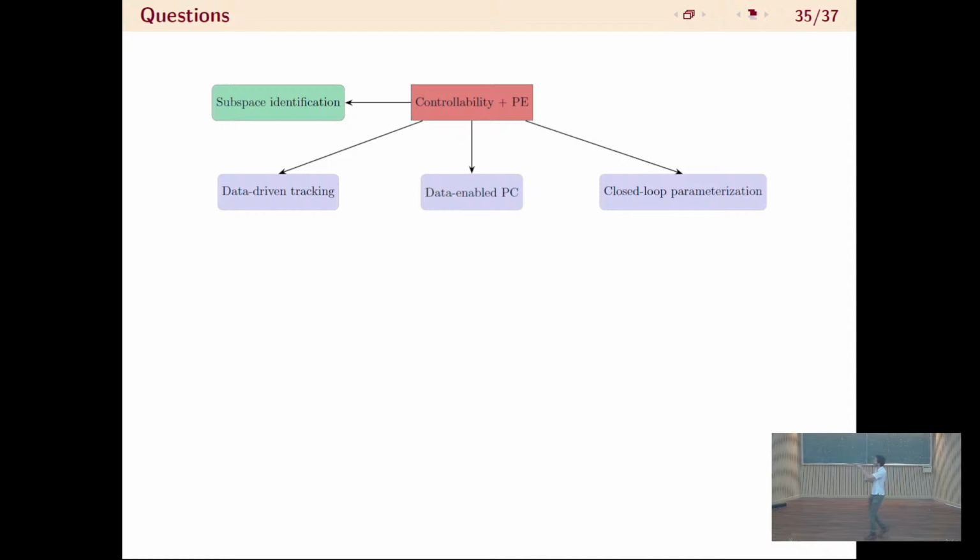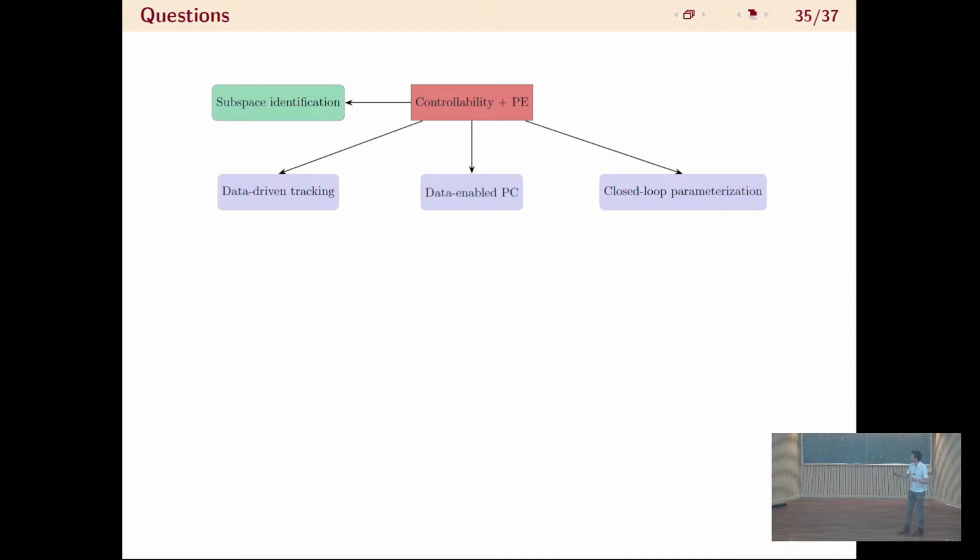We can do subspace identification, so we identify A, B, C, and D up to a similarity transformation. We can do data-driven tracking directly from data. An extension of that was data-enabled predictive control. And finally, we also saw this paper on closed-loop parameterization.